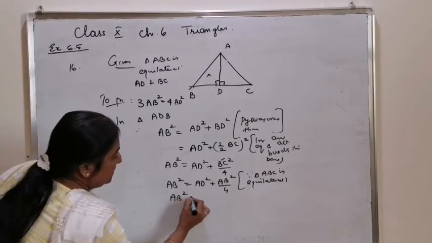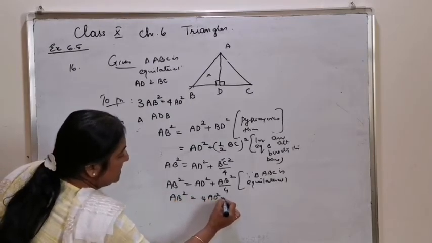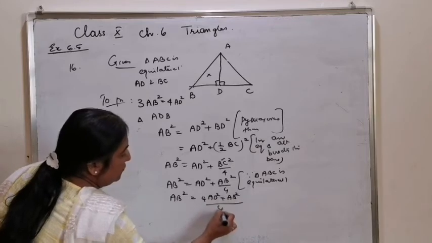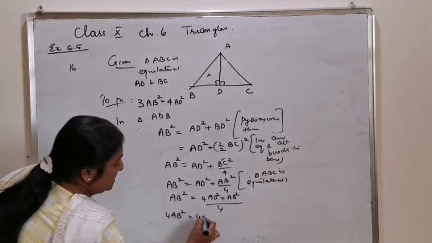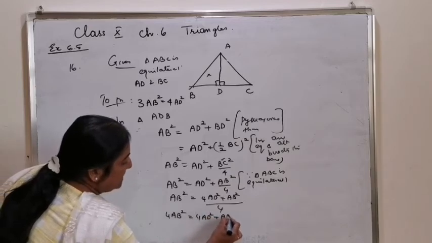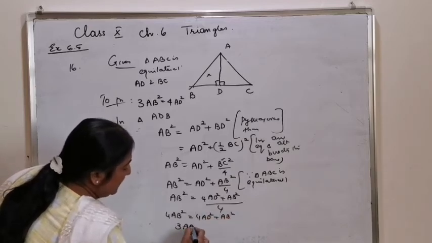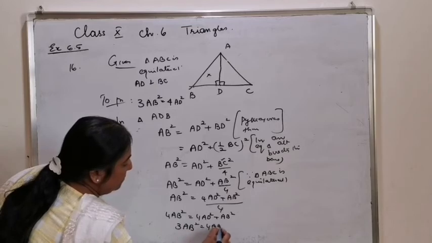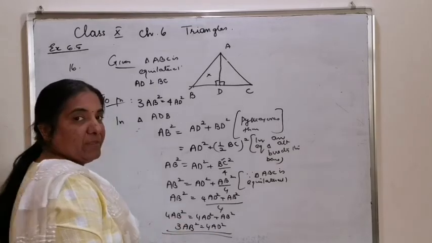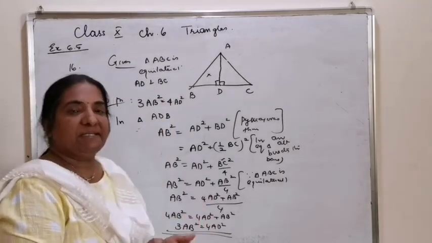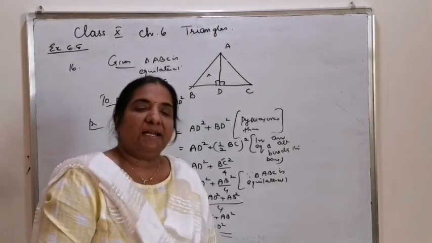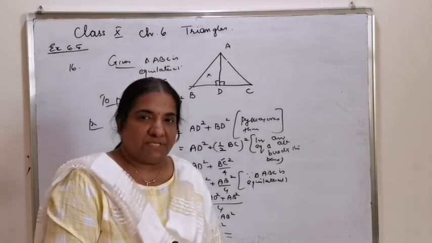AB square is equal to, by LCM, (4AD square plus AB square) by 4. By cross multiplication, 4AB square is equal to 4AD square plus AB square, or 3AB square is equal to 4AD square. Once you learn the proof, you can avoid a few steps here, but still for you to understand, I have done it with all the steps.